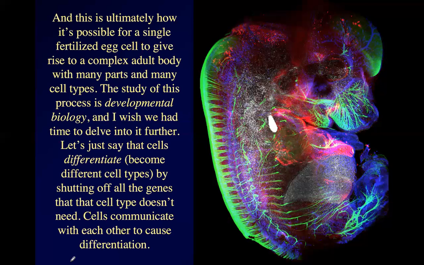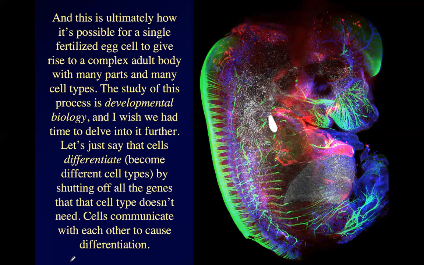And what's happened is that as that egg divided into more and more cells, different groups of cells shut down the genes that weren't relevant to them. Your liver cells still have all of the genes that a nerve cell would need, but those genes have been shut down. They've been deactivated. That's what differentiation means.